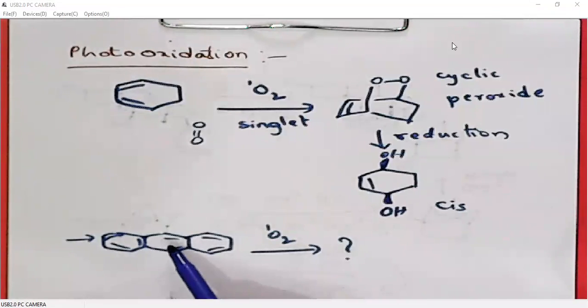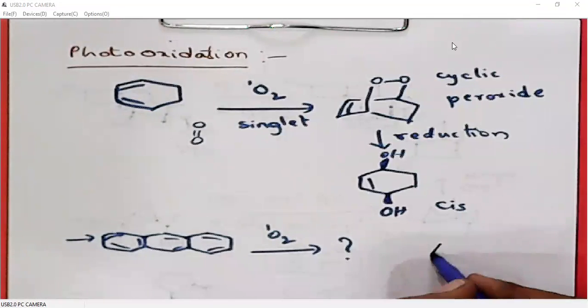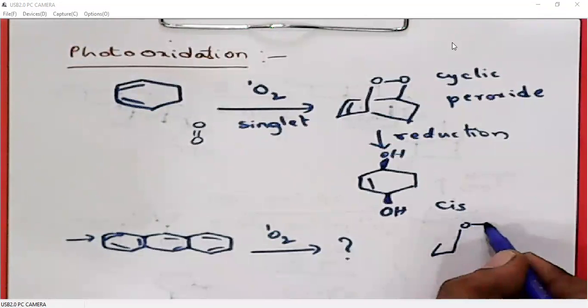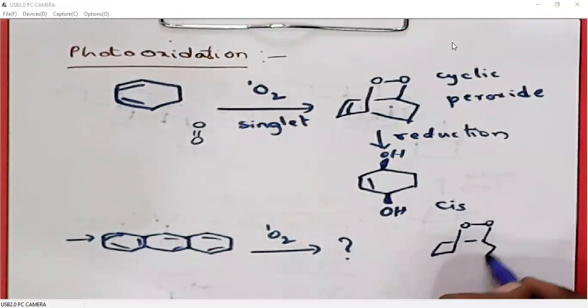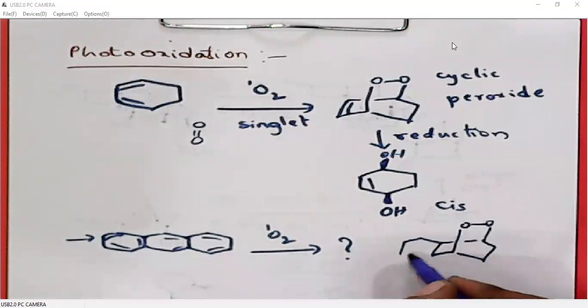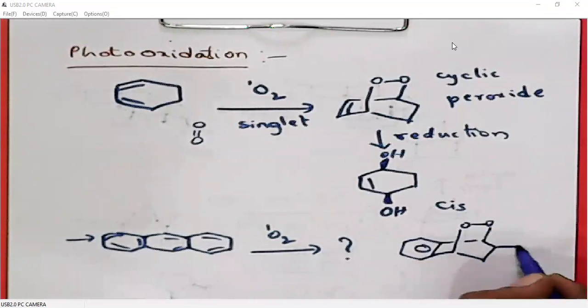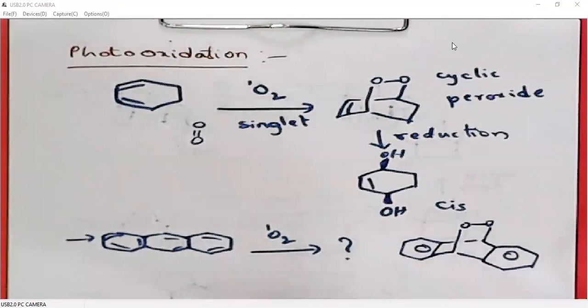So the middle ring will be involved in the Diels-Alder reaction with oxygen. So the product has one aromatic ring on this side and another aromatic ring on the other side. So what is photooxidation? If we have a diene, then under photochemical conditions, oxygen acts as a dienophile and that leads to a Diels-Alder reaction.